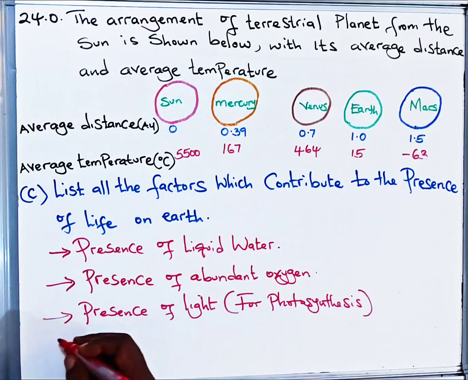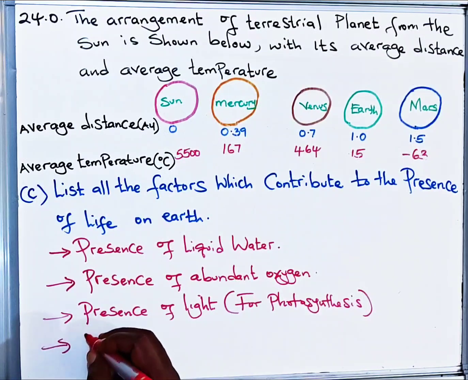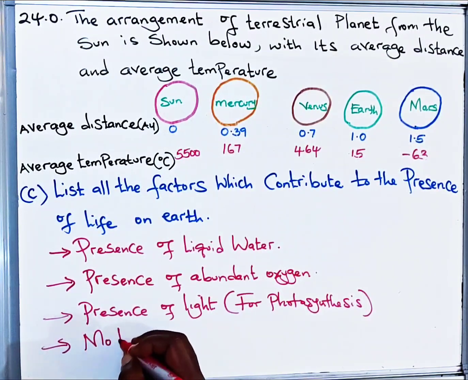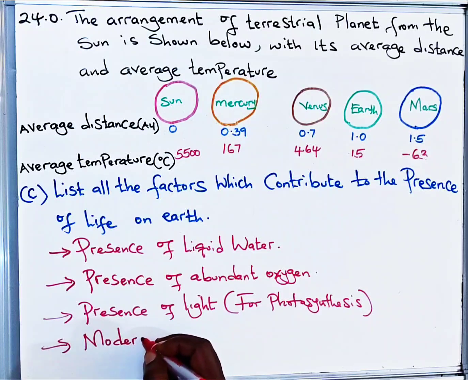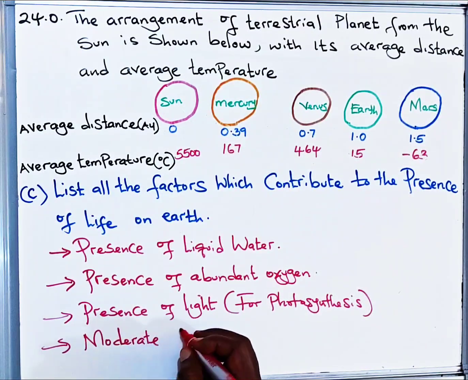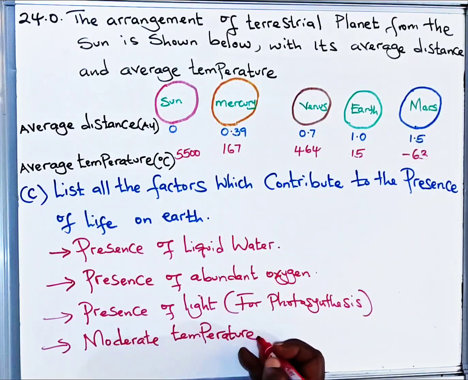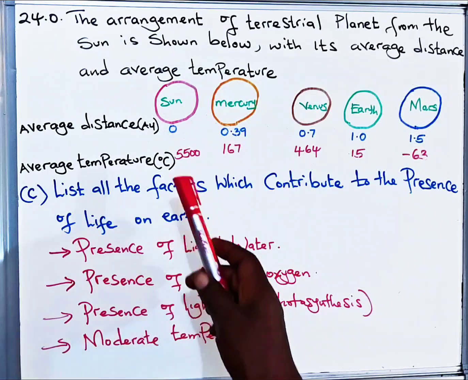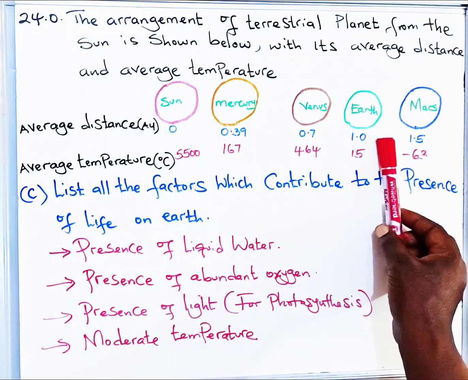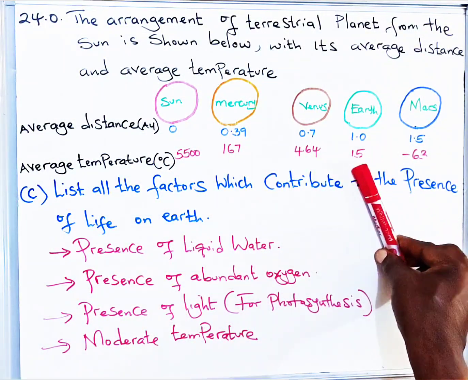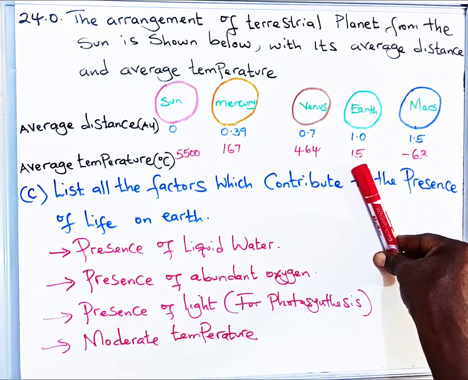The fourth factor is moderate temperature. When you look at this data and look at our Earth, the average temperature is 15 degrees Celsius.